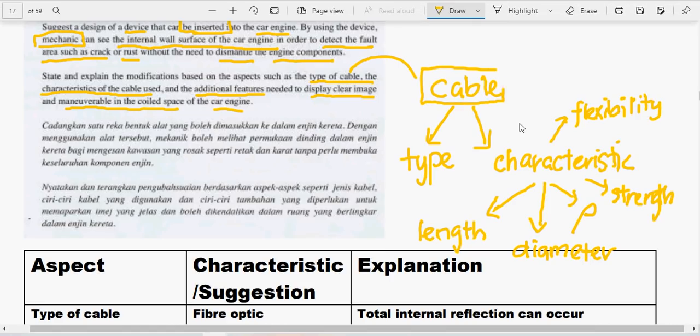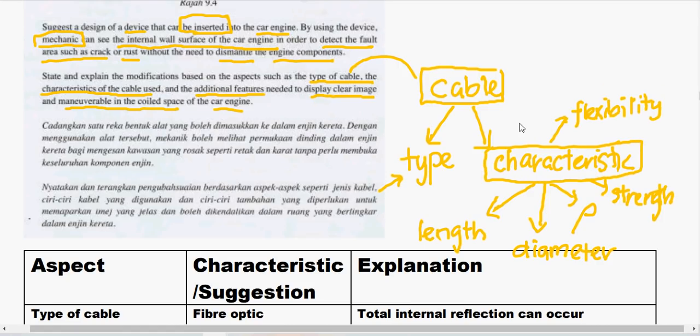When talking about cable, you need to think about what type of cable can be used. For the characteristics, look at the physical characteristics. You can write about the length, the diameter, the density, the strength of the cable, and the flexibility of the cable.